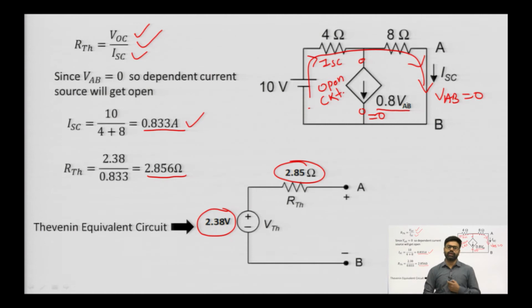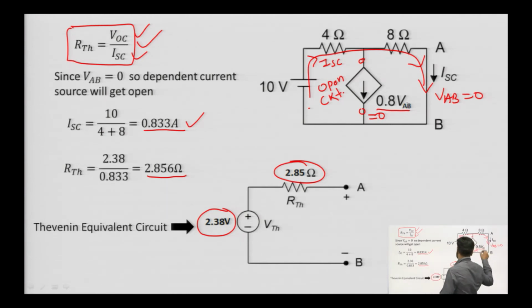We have already found VTH, which is also equal to VOC. So, in case of dependent source, RTH is equal to VOC divided by ISC, where ISC is the short circuit current that we found by short circuiting the terminal for which we need to find the Thevenin equivalent.